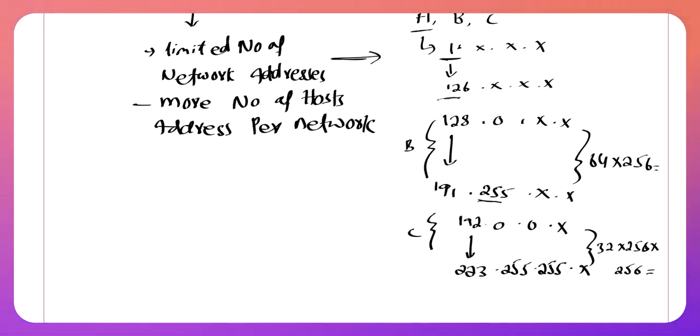That gives the total number of networks in each class. So, for example, let's take class A. We have a total of 126 networks.